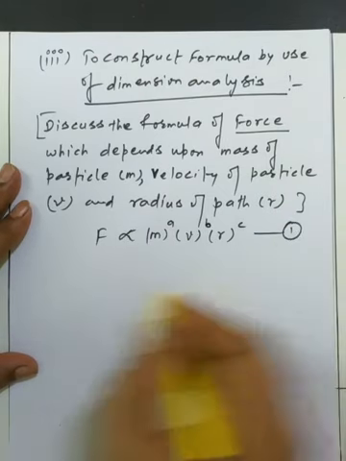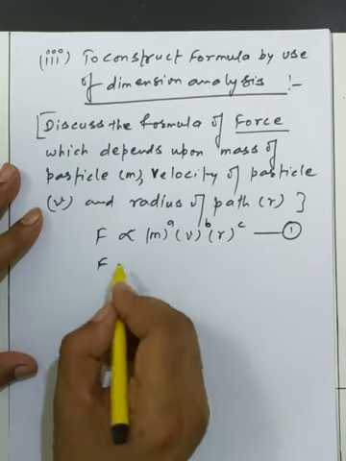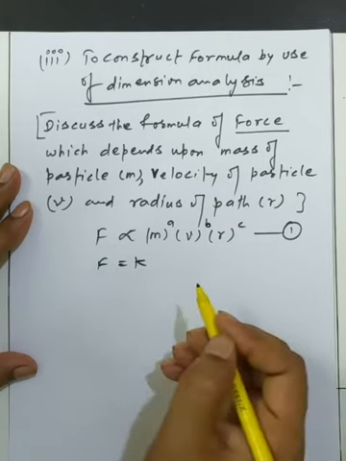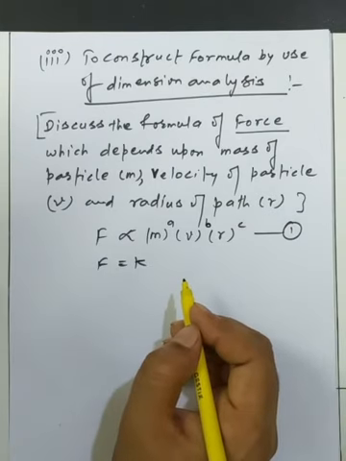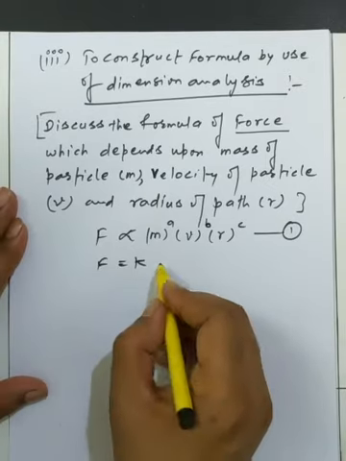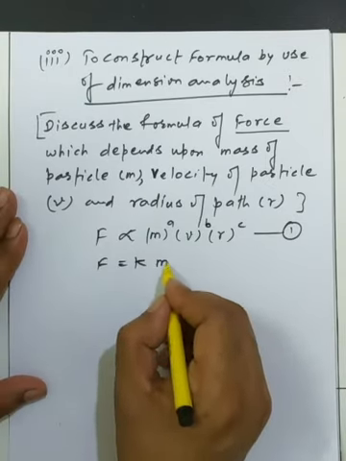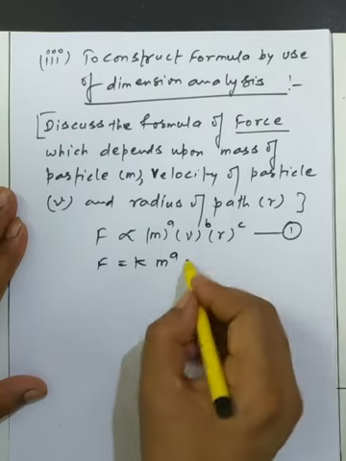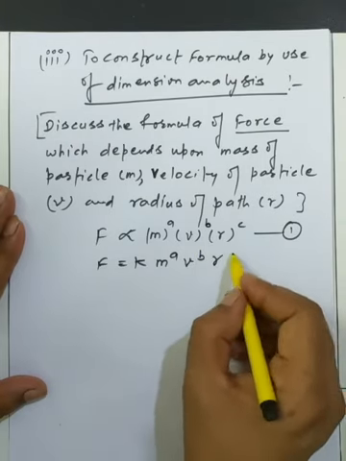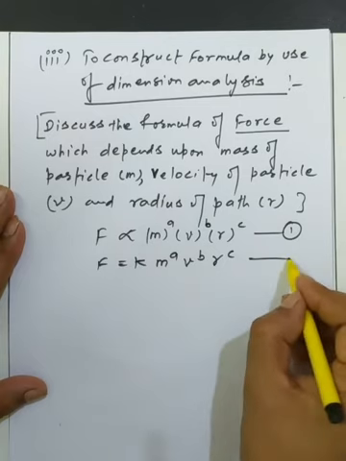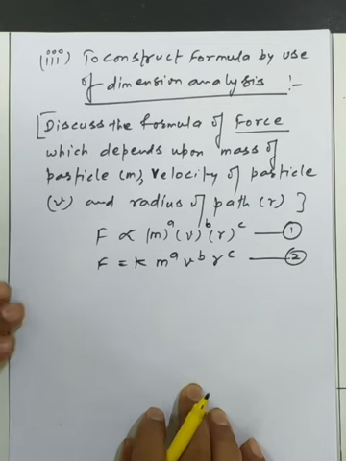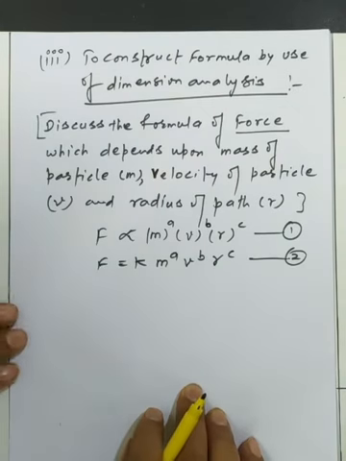This is equation number 1. We don't know the value of the constant, so we need not bother about it. So we write the simpler equation: F equals k, mass with power a, velocity with power b, and radius with power c. This is the representation of the statement in mathematical form.